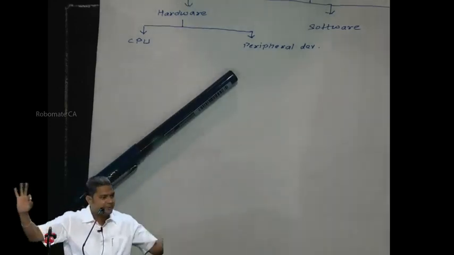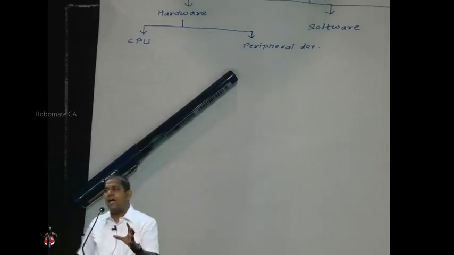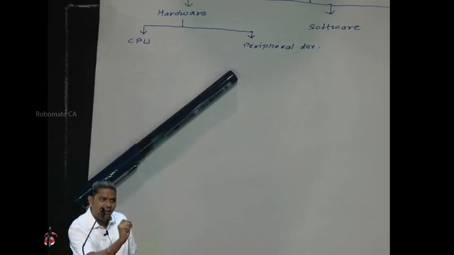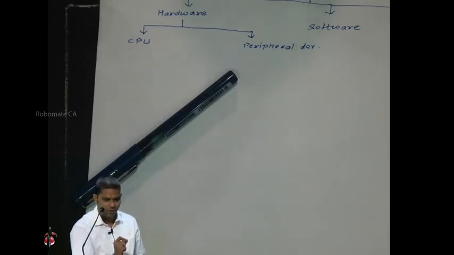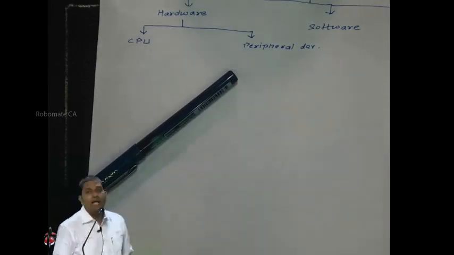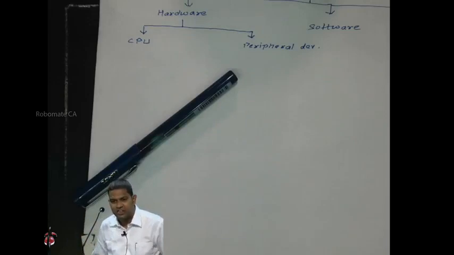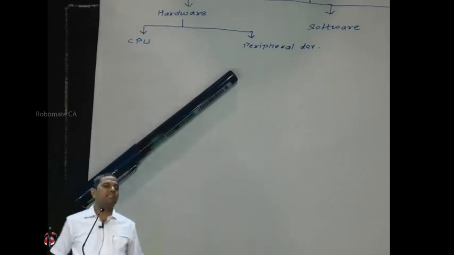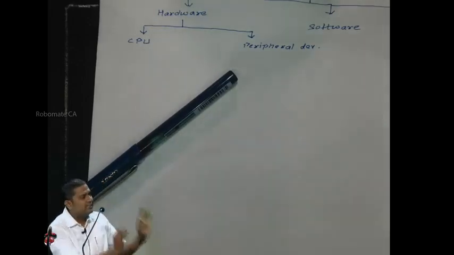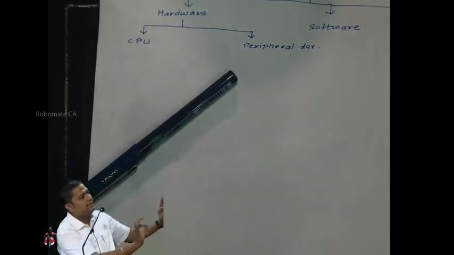Can you show me such a box? If you buy a cell phone, that box says 1 cell phone, 1 unit. When you buy a cold drink, it says 300 ml, 500 ml, something that the packaging says. Show me any package, any packet, any box, any bag which says it contains 1 CPU.